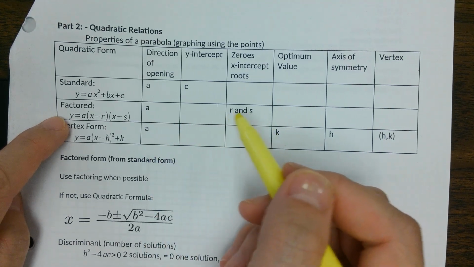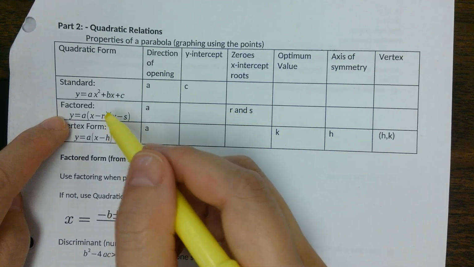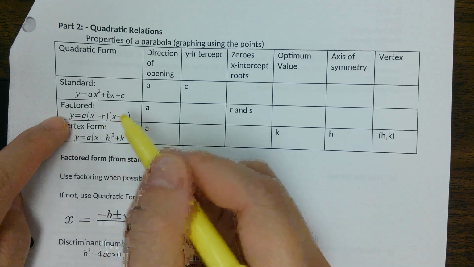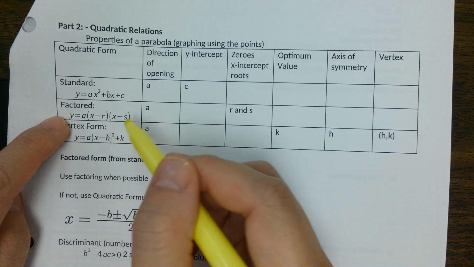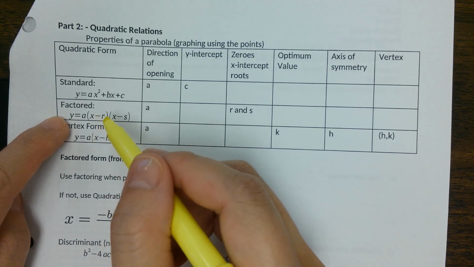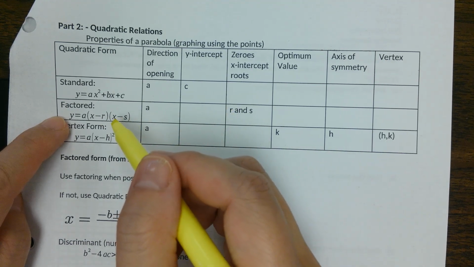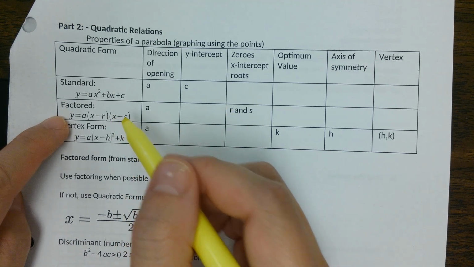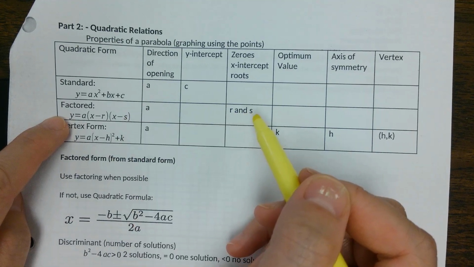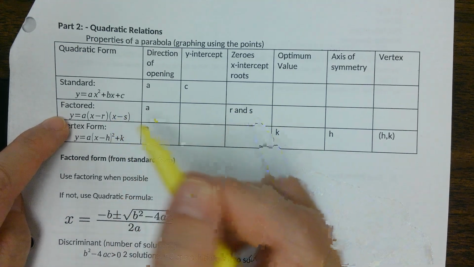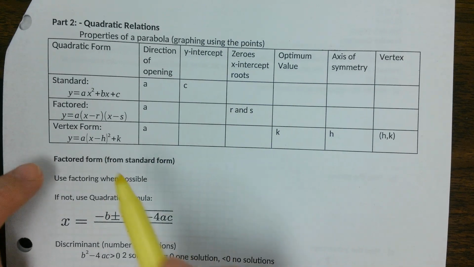That will tell me my roots are R and S. Notice the sign is the opposite. If this is x minus 3, your zero is 3. If this was x plus 8, then your zero would be negative 8.